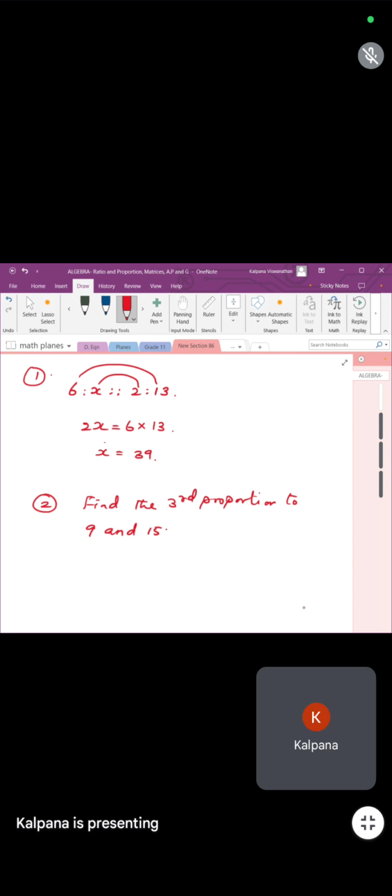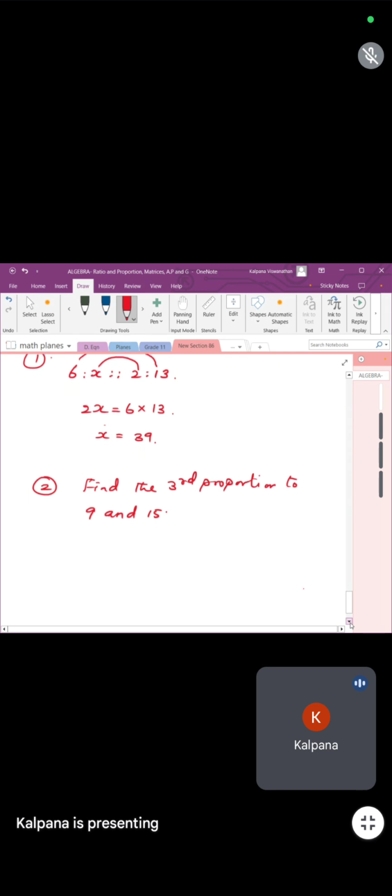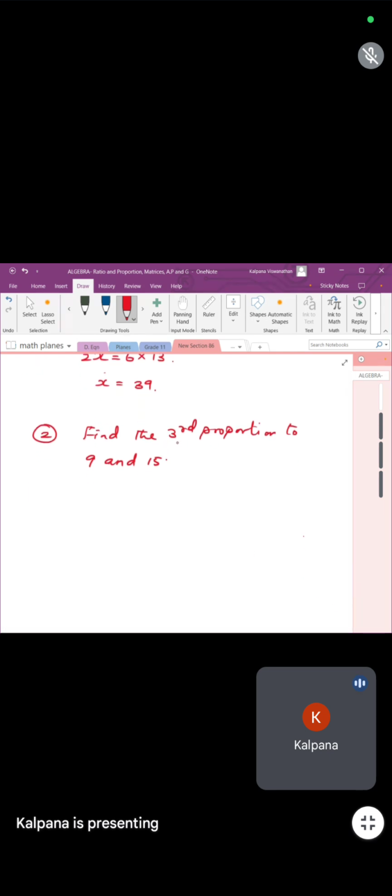What you have to do in this case, children: we have to find the third proportion, but they have given only two numbers. For proportionality, we need A, B, C, D values. A is to B proportional to C is to D. Please remember, they are asking us to find the third proportion. Do you think they are asking us to find C here?